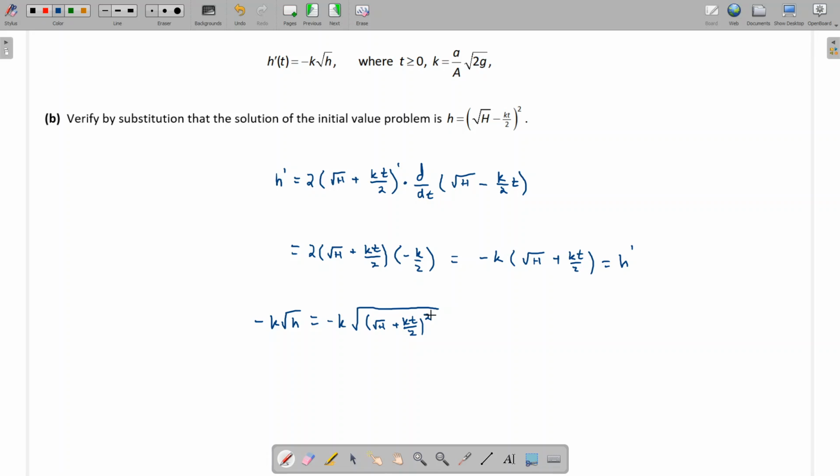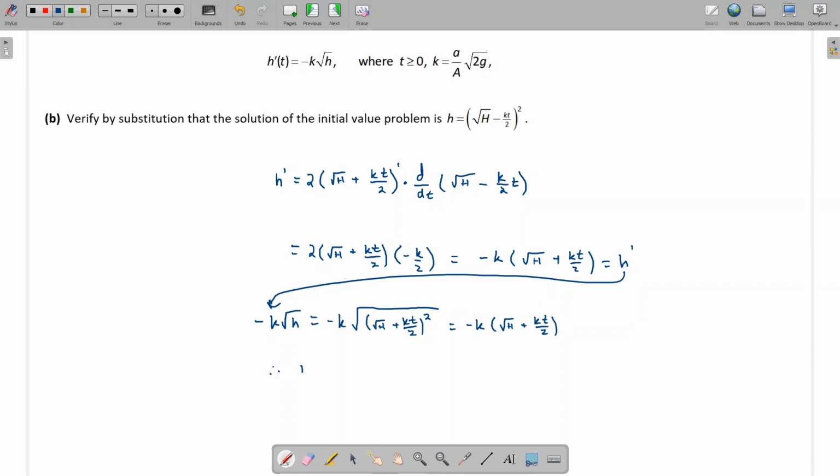So notice, obviously, the square and the square root cancel each other out. So this just leaves negative k times the square root of h plus kt over 2. Right? That square and the square root canceled, and you can see these are exactly the same. So that means that h prime is equal to this. So we verified that this satisfies both sides of that equation.